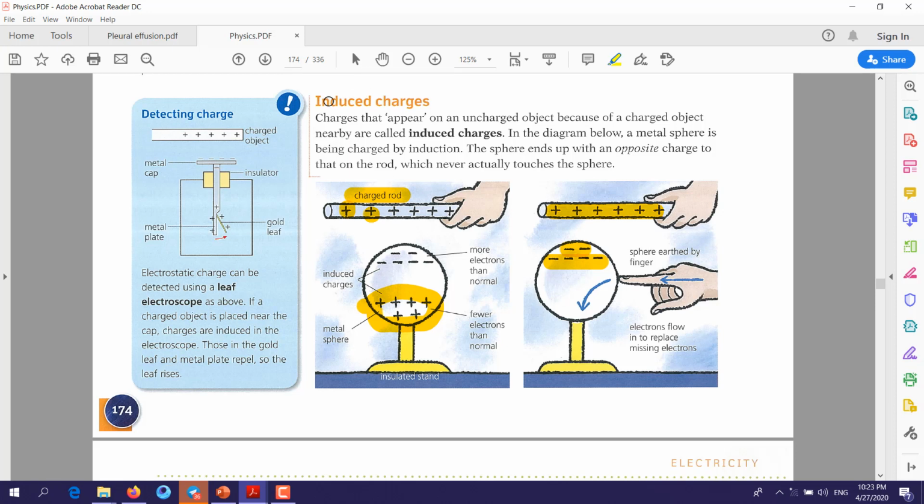Induced charge means making charge appear on an uncharged object because of a charged object nearby. It's like forcing an object to be charged. This is what they mean by induced charges.